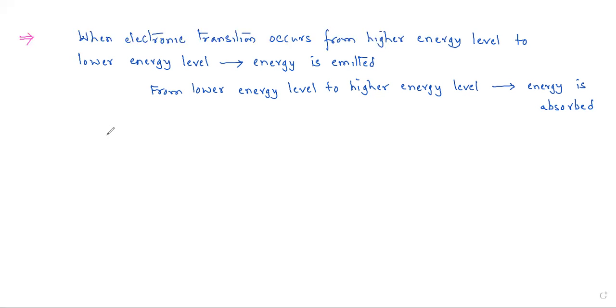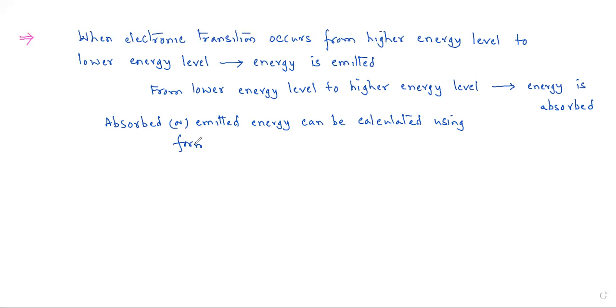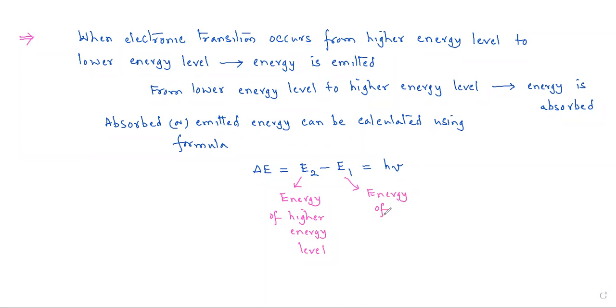Now, the absorbed or emitted energy can be calculated using the formula delta E, nothing but E2 minus E1, equal to h nu, where E2 is the energy of the higher energy level and E1 is the energy of the lower energy level.